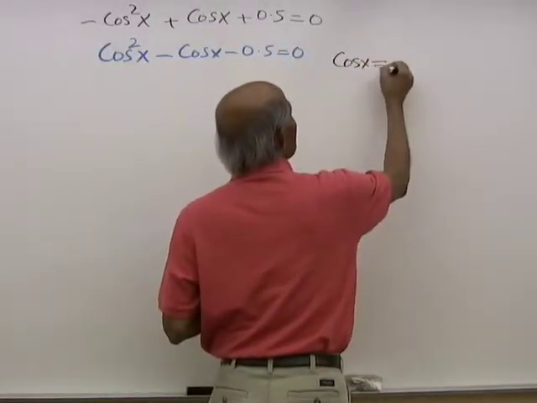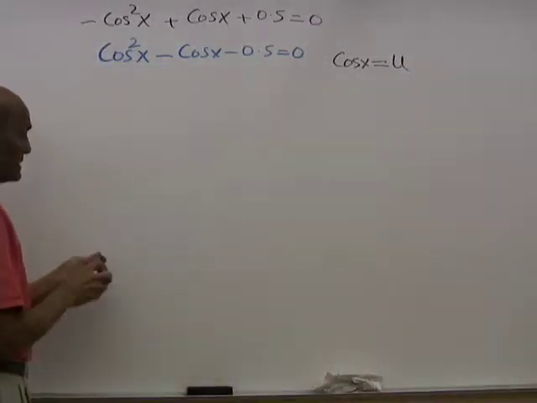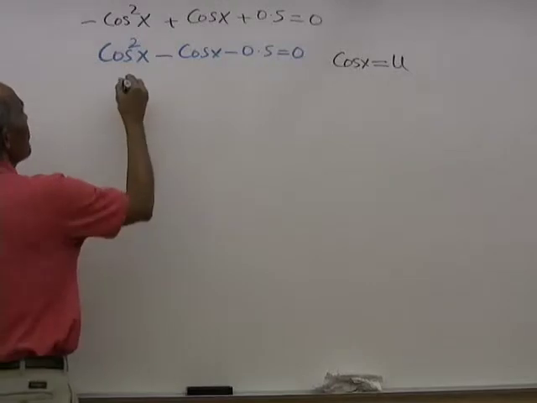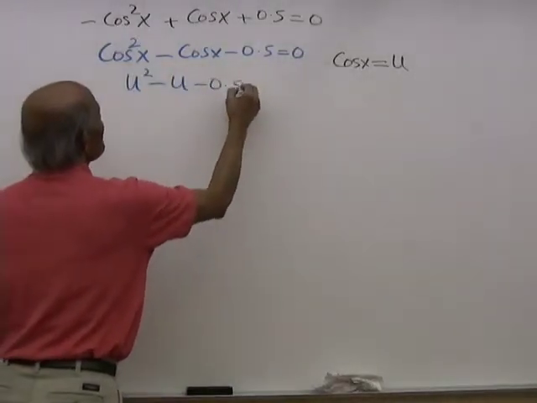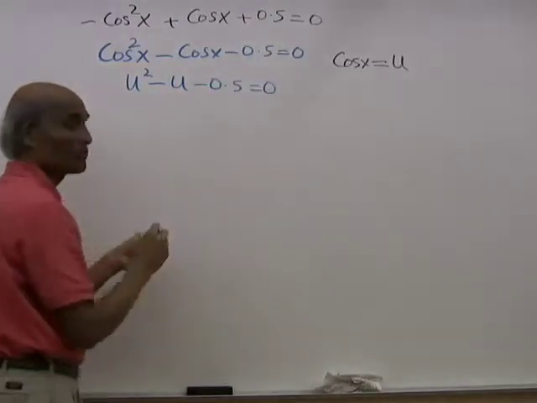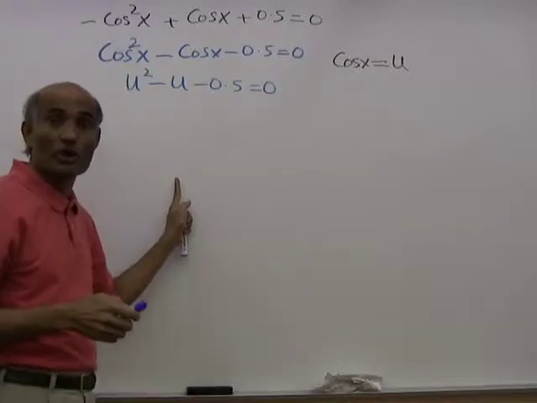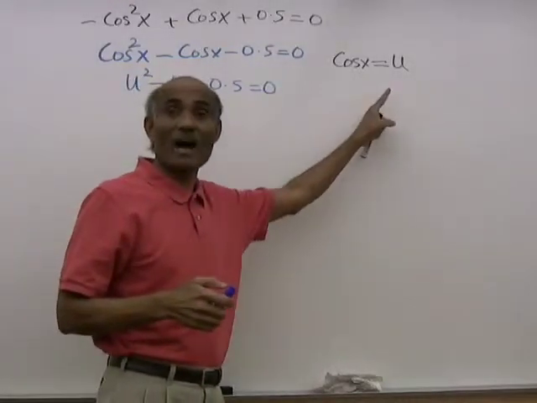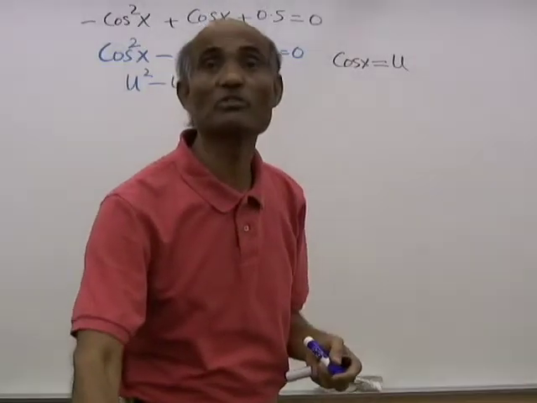Let's say cos x equal to u. And that will give you this equation as u squared minus u minus 0.5 equal to 0. That's a quadratic. And when you solve for u, you must then come back and say our u is cos x. Alright, can you solve this quadratic?